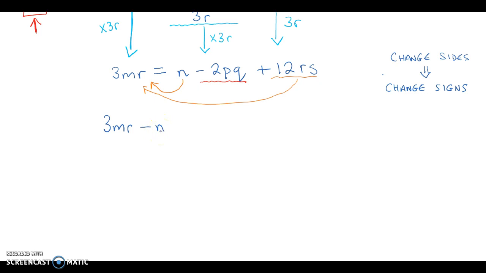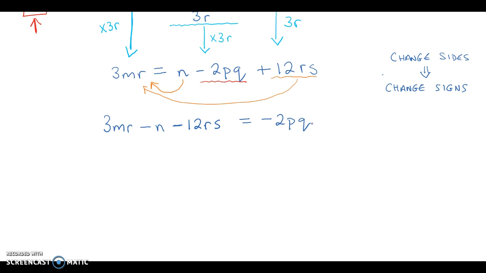And the 12rs comes across as well. It was positive 12rs, it comes across, it becomes negative 12rs. And that leaves us with negative 2pq as the only thing that's going to be left on the right hand side. Negative 2pq.